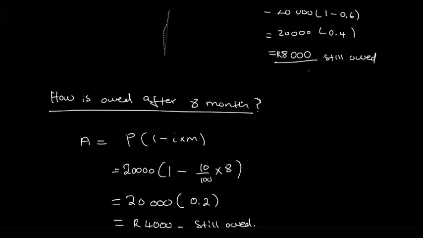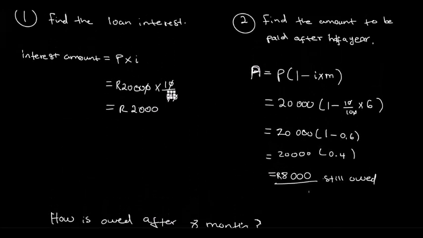Okay, so you see you've got the interest. If you're paying simple interest, it means every month you're paying 2,000 rand, because you calculate the interest amount.